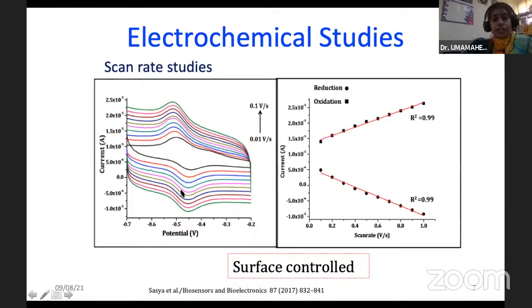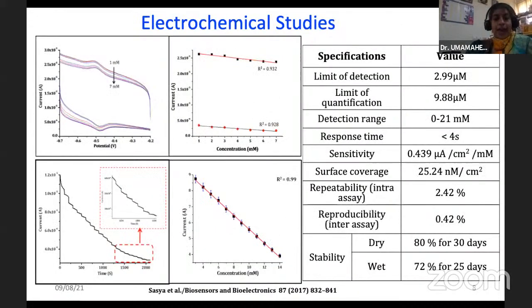We established through scan rate studies that the reactions are surface controlled. This is important. We prefer surface-controlled reactions so that we may get a more rapid response. And we did a series of cyclic voltammetry and amperometry.